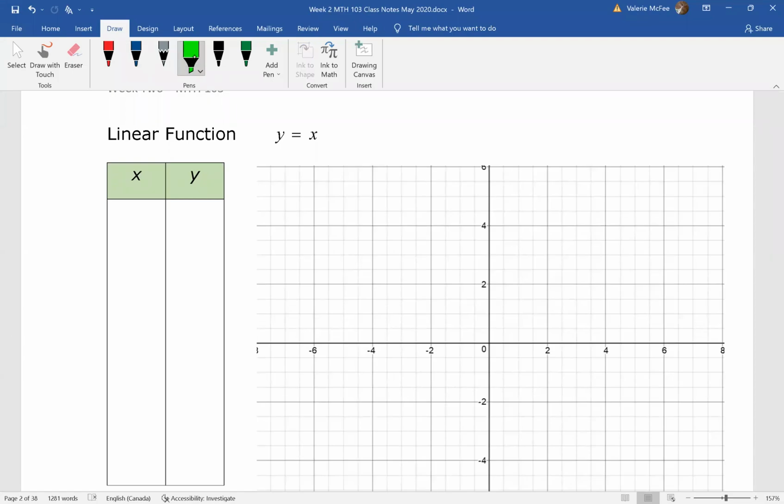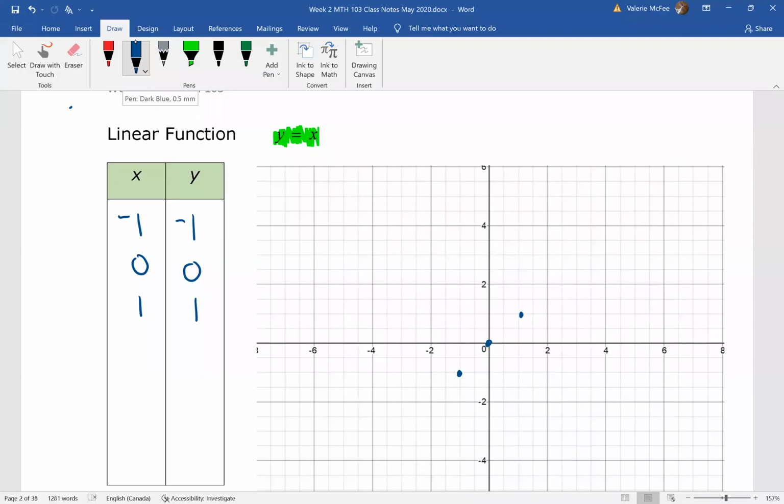Our second function is a linear function where we have that basic linear equation, y equals x. Why don't you pause your video and graph that function? We see that x and y are always the same value. Y equals x. But what you should know is that these 3 points are not enough to tell you what this graph looks like.